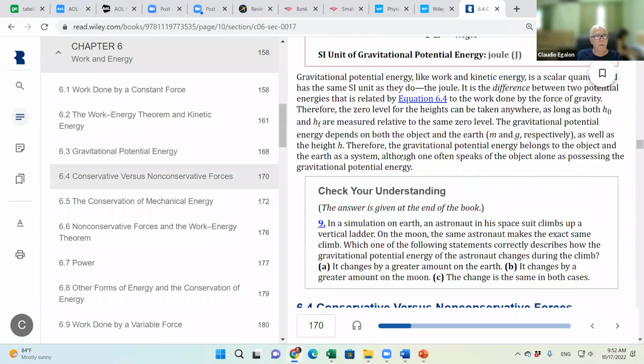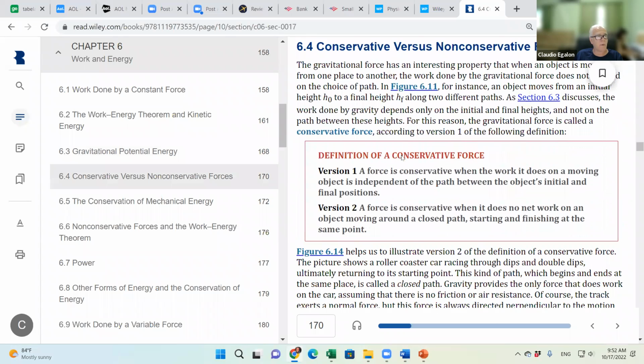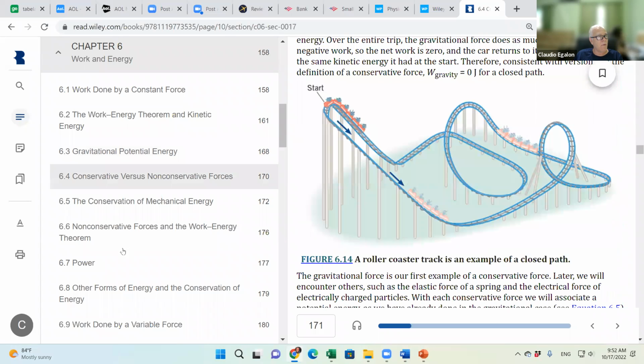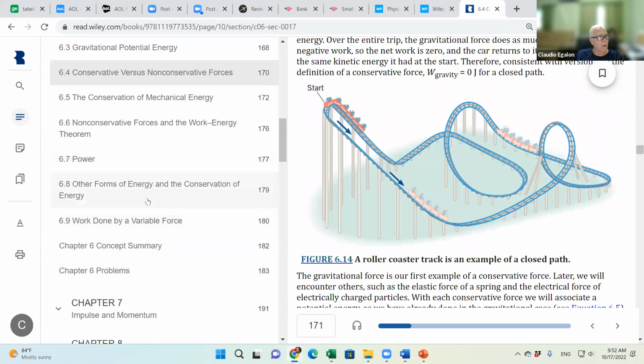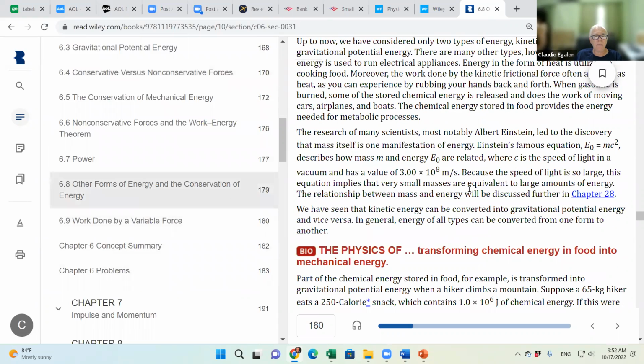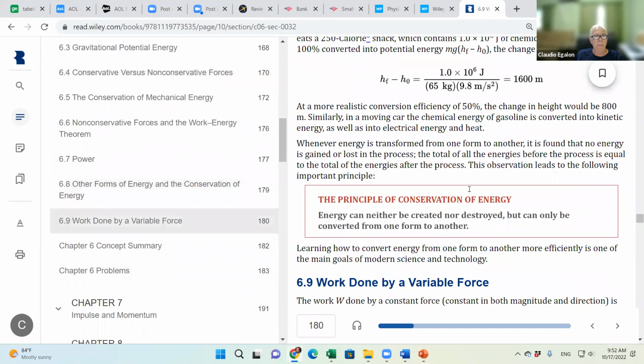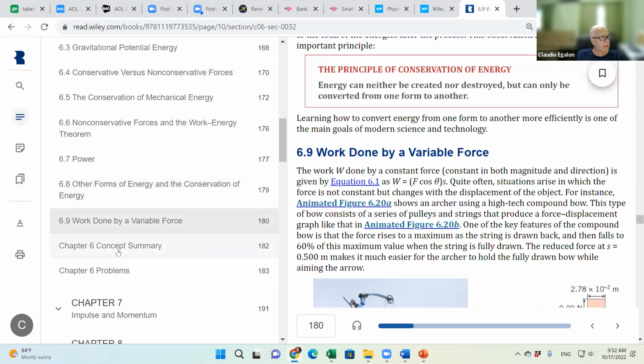Conservative versus non-conservative forces, we're going to do that as well. Non-conservative forces, power, other forms of energy, and the conservation of energy. Let's see what that is. Yeah, we're going to do that too.